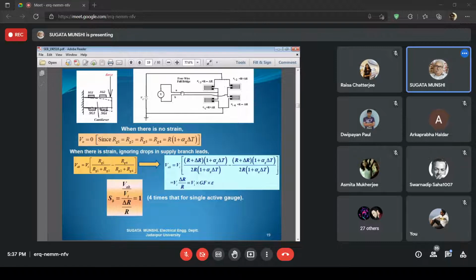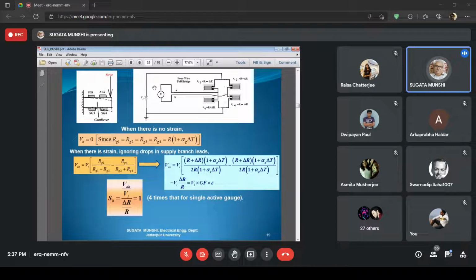So here, when there is no strain, all the strain gauges, because they are identical, each will have a value of R into 1 plus alpha G into delta T. When there is strain, ignoring drops in supply branch leads, that can easily be done by designing the source properly.